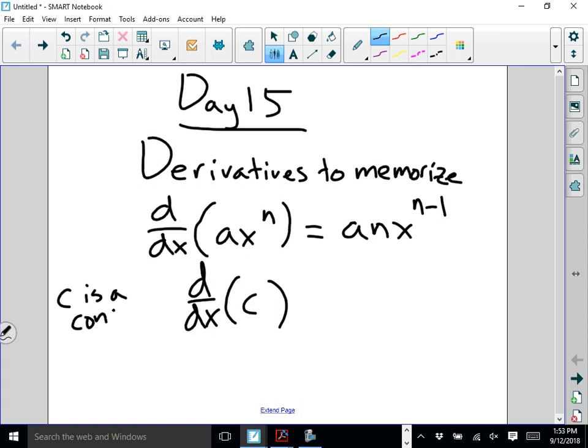So for this one, c is a constant, so maybe c is 5 or negative 10 or pi or e. What do we get when we derive a constant? Well, anytime we just have a constant value, we take the derivative of it, our derivative is always equal to 0. Just good to write it down.